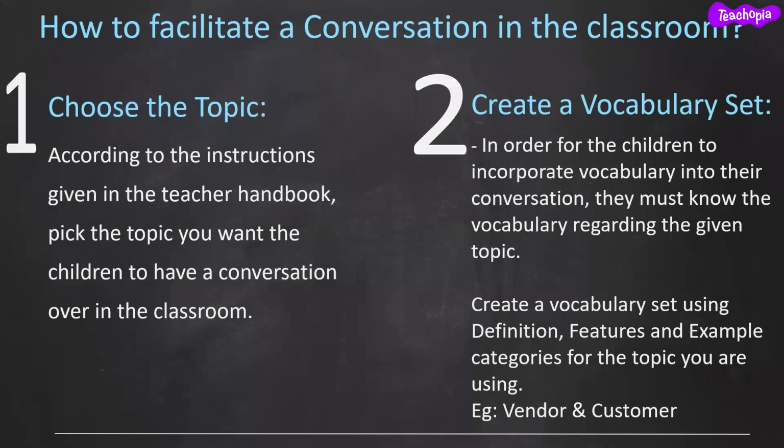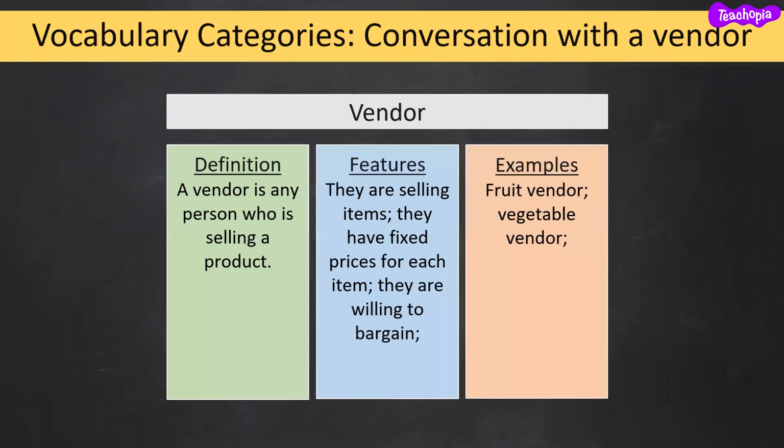Let's take an example of vendor and customer. So if this is my topic, let me create a vocabulary set. Just in the interest of time, because we're almost coming to the end of the module, not to take up too much of your time, let me just create a vocabulary set for vendor. So if I'm creating a vocabulary set for vendor, this is what my vocabulary set will look like.